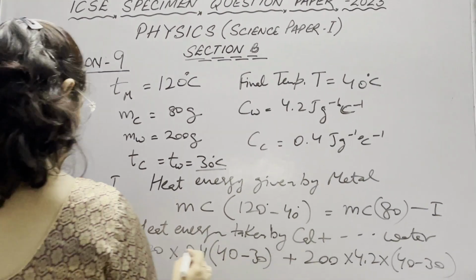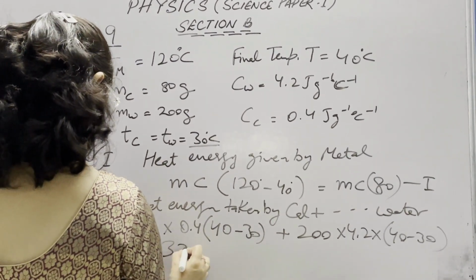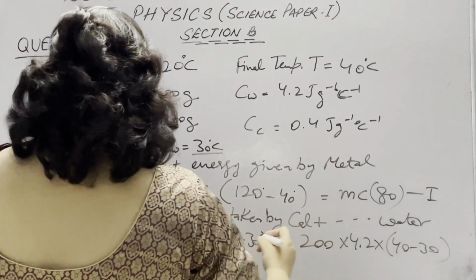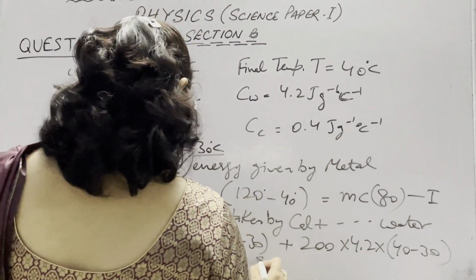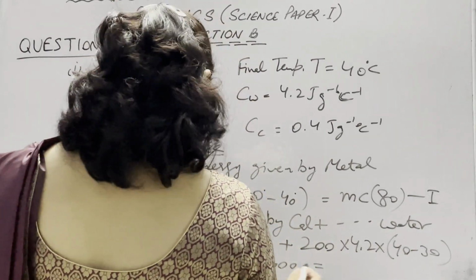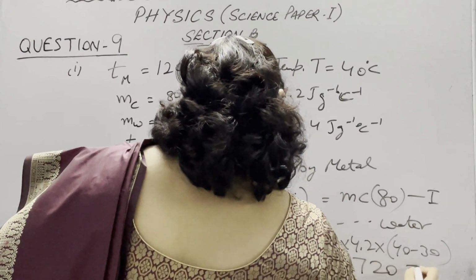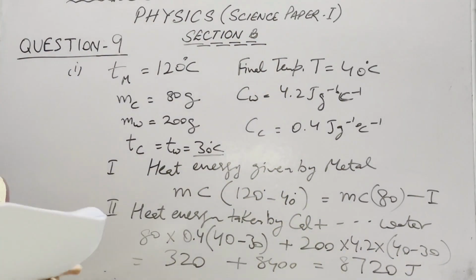Multiplying all these, 80 into 0.4 is 32, into 10 is 320, and the heat energy taken by water is 8400. Addition of these two is 8720 joule. It means the heat energy taken by the calorimeter and water is 8720 joule.